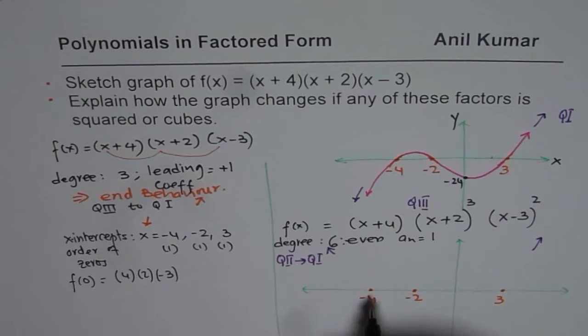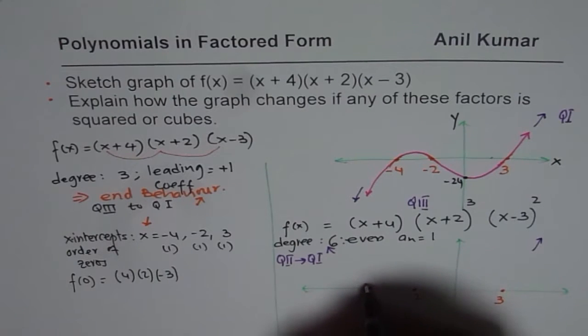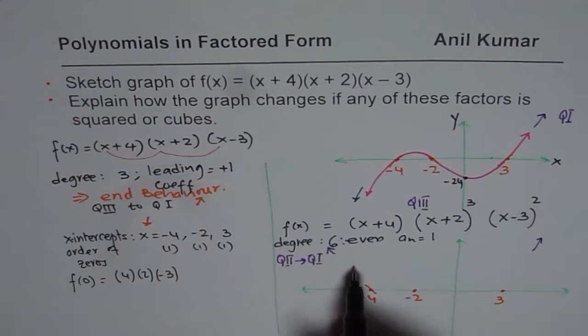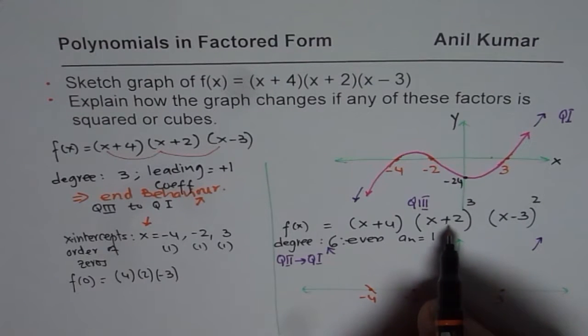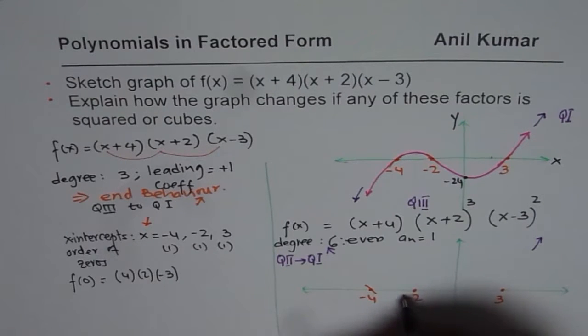This zero we kept linear. So here the graph will cross as it did last time, but from quadrant 2 to 3. The next one is cubic, so it will go like a cubic function, kind of like this. The x-axis becomes tangent and the graph crosses. That is what happens when you cube.